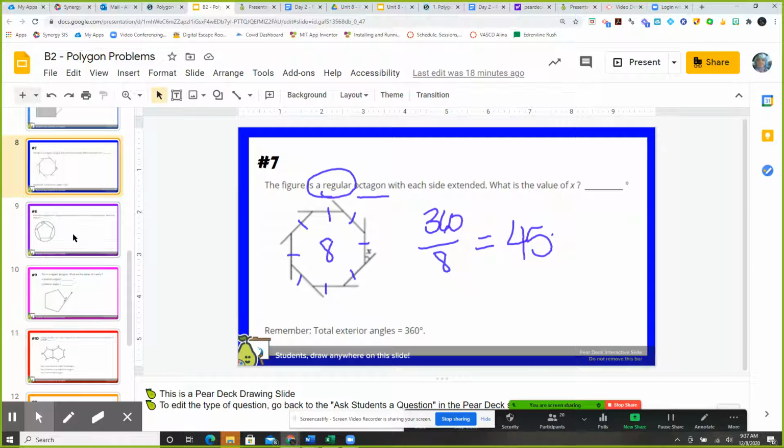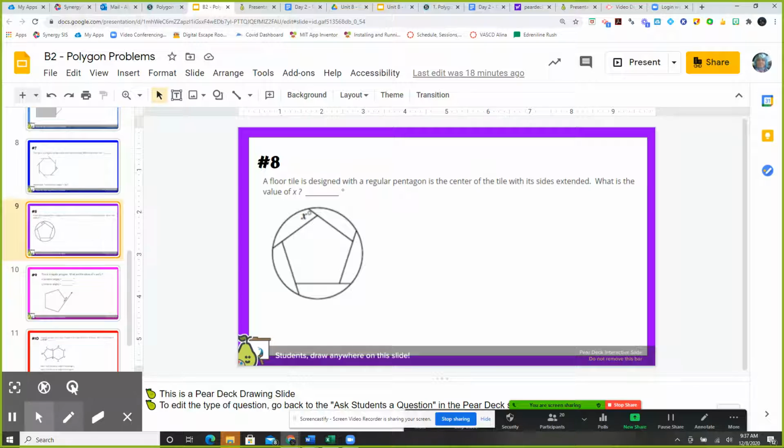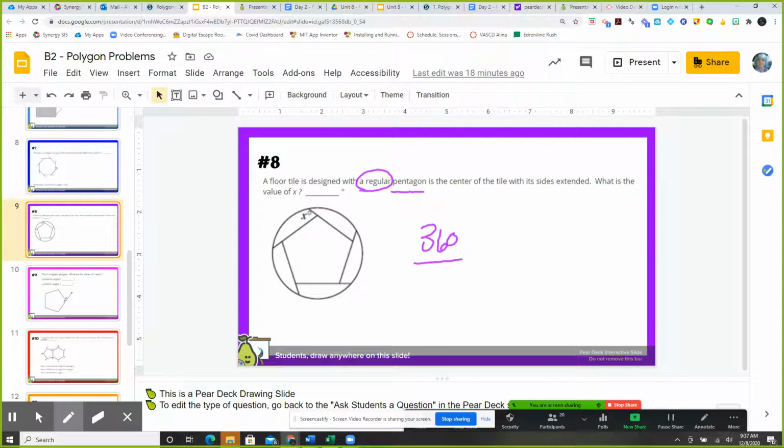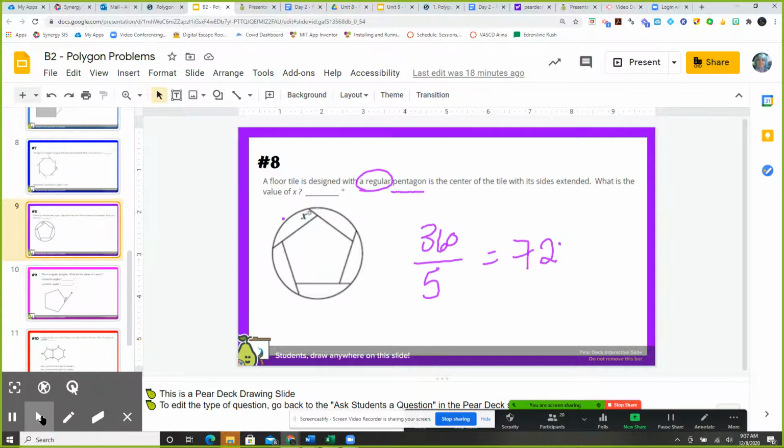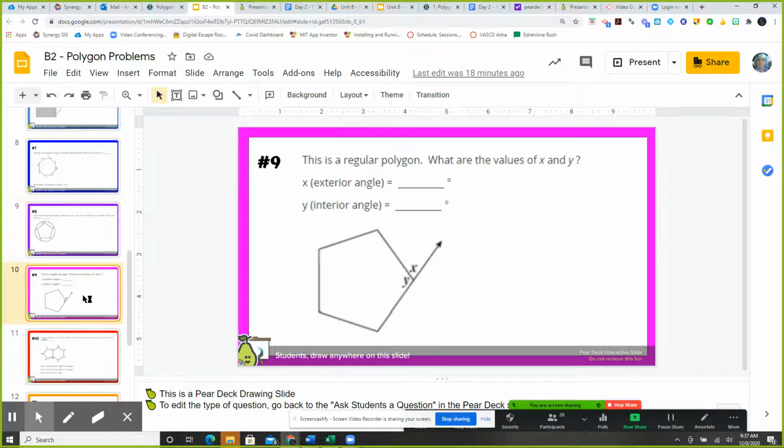So what about question 9? You can. 360 divided by what? 5. Everybody got number 8? Yeah. Okay. What about number 9? What number did we just find, the x or the y?